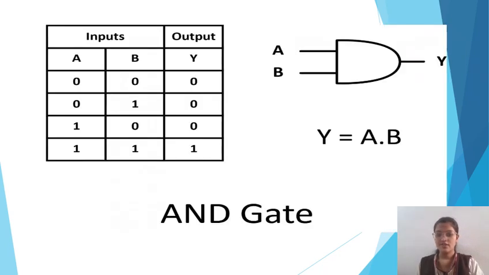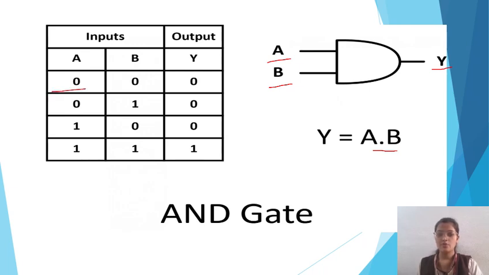As we know, the inputs A and B are taken in the AND gate, therefore the output becomes y, where y equals A dot B. It means multiplication of two inputs. In the truth table, the A value is taken as 0 and the B value is taken as 0.